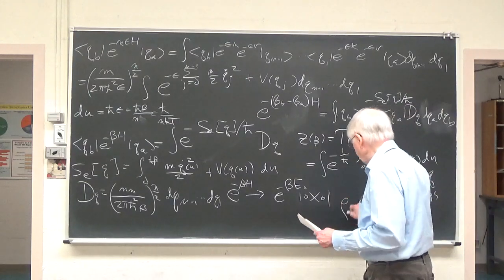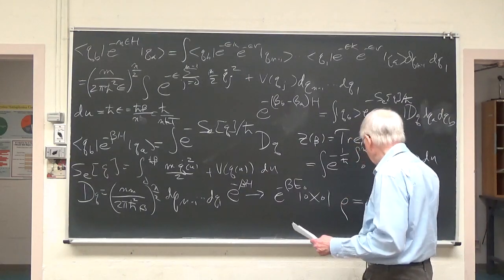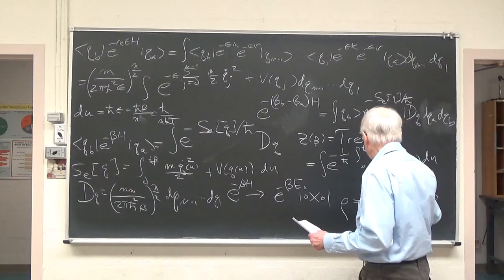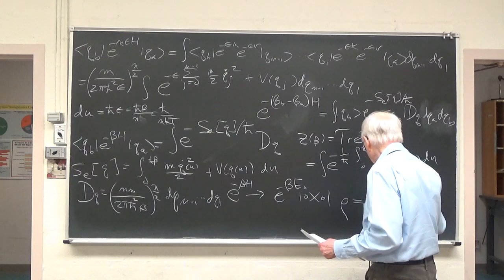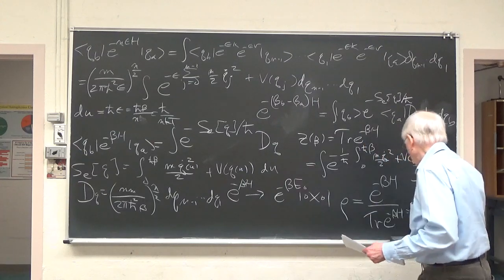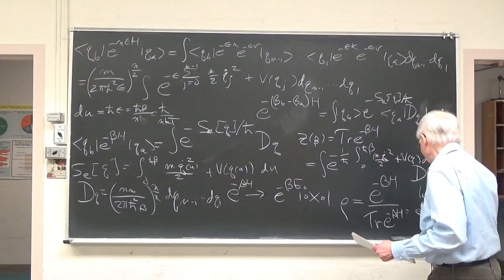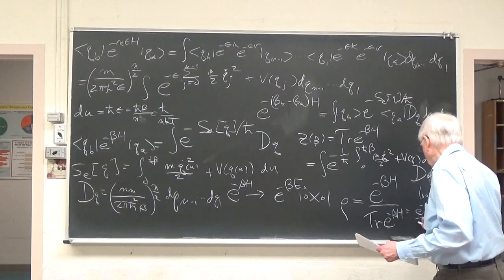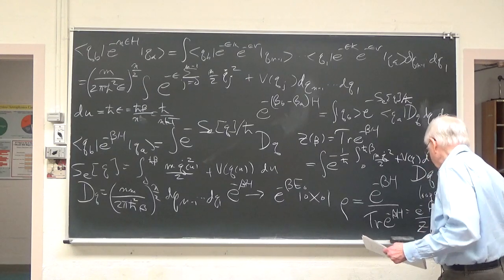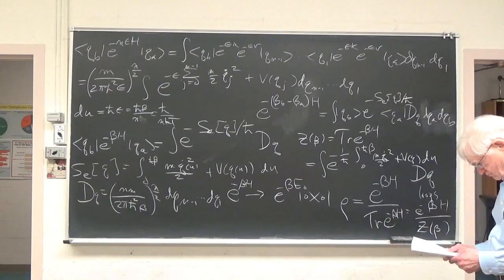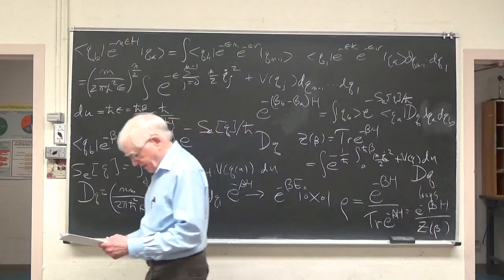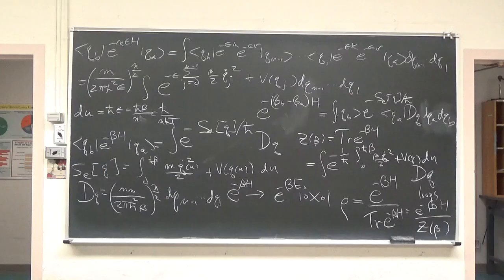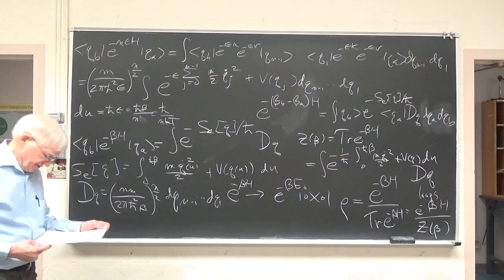The density operator of maximum entropy is e to the minus beta h divided by its trace, or e to the minus beta h over the partition function z of beta. And of course, I was doing these in one dimension. They immediately generalized to 3 dimensions.